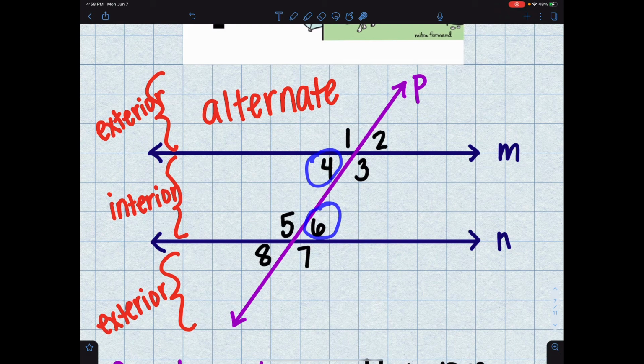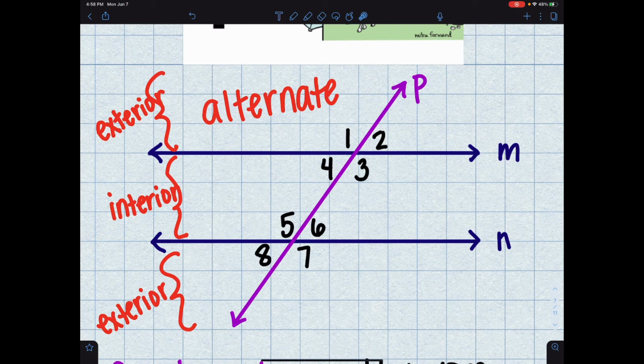And they're both acute angles. See how it's small? And this one's also small. And they're called interior because they're between these parallel lines, so they're on the inside of the house. So this is an alternate interior angle to this. Okay? Let's look at another pair of alternate interior angles.